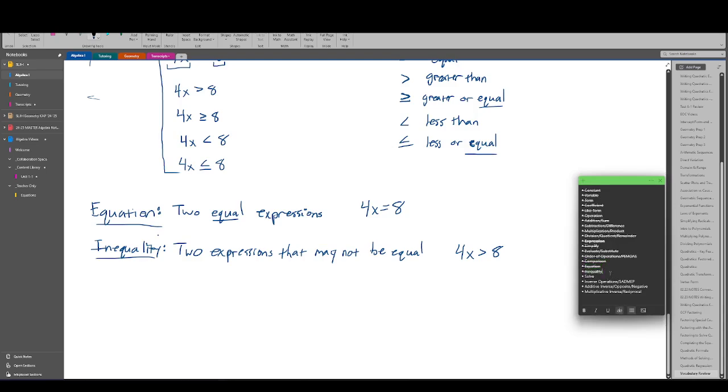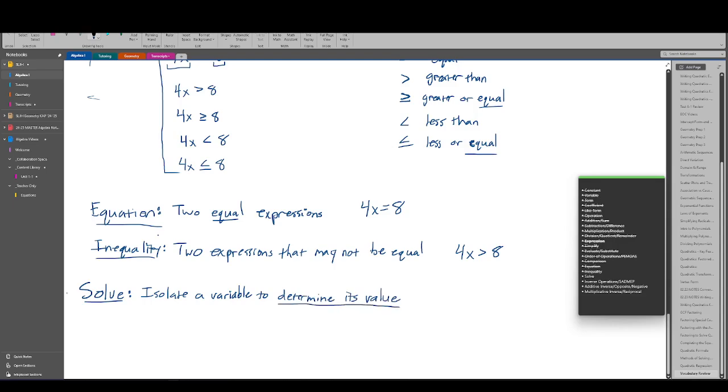Both of them have something in common, which is that we can be told to solve them. So solve, we mentioned briefly earlier. Solving means to isolate a variable to determine its value. And that last part is not always true.